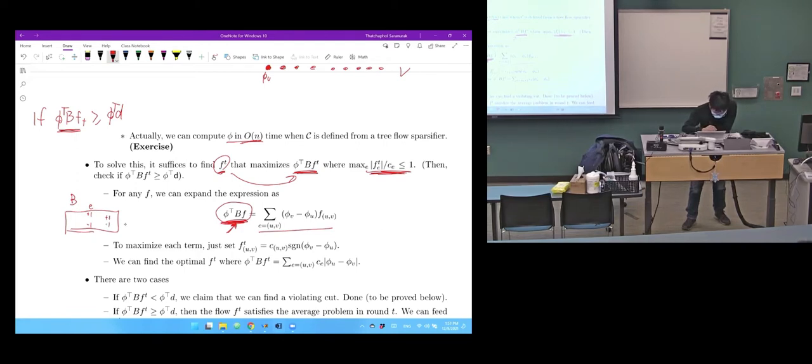You multiply it with F, the vector indexed by edge.